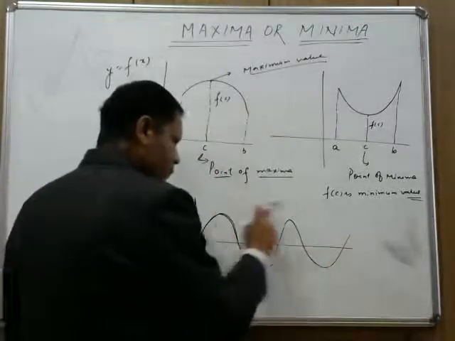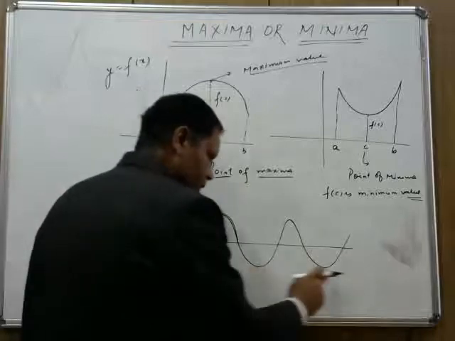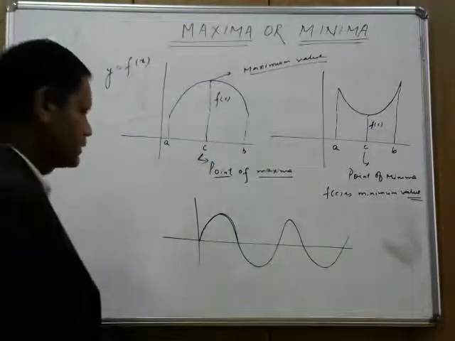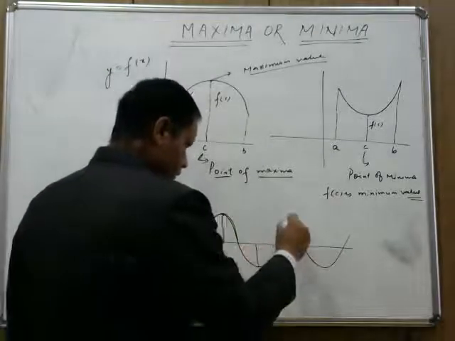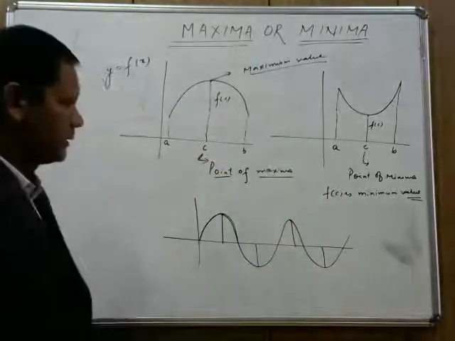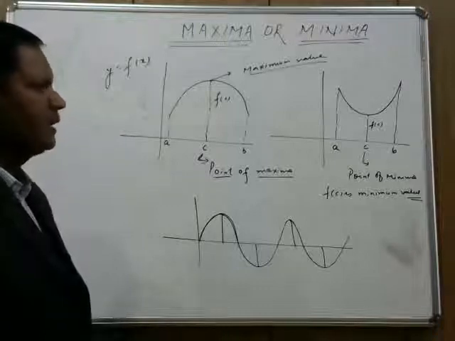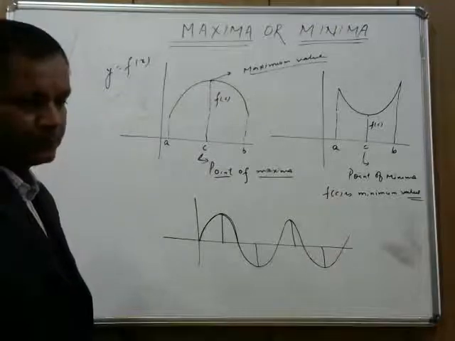That means there are many places where we can have the maximum value and many places where we can have the minimum value. That's why again from this graph it can be illustrated that there are many points in a function where the given function attains its maximum value and its minimum value.